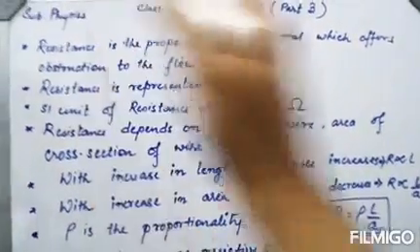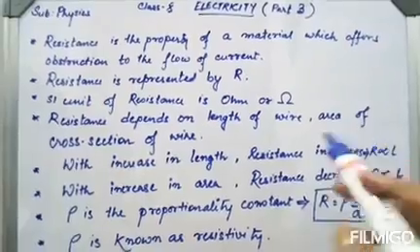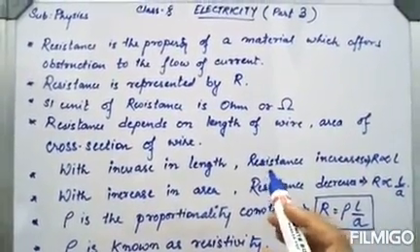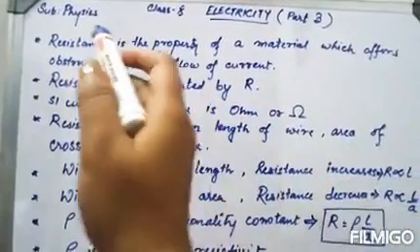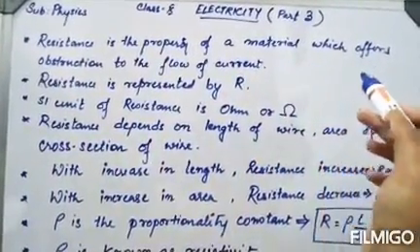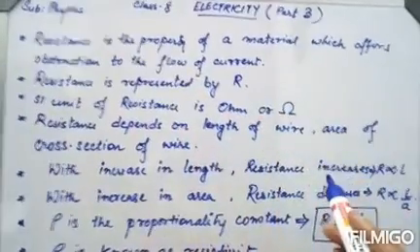So here we have all the points that we have learnt now. First is resistance. Definition of resistance: it is the property of a material which offers obstruction to the free flow of current.